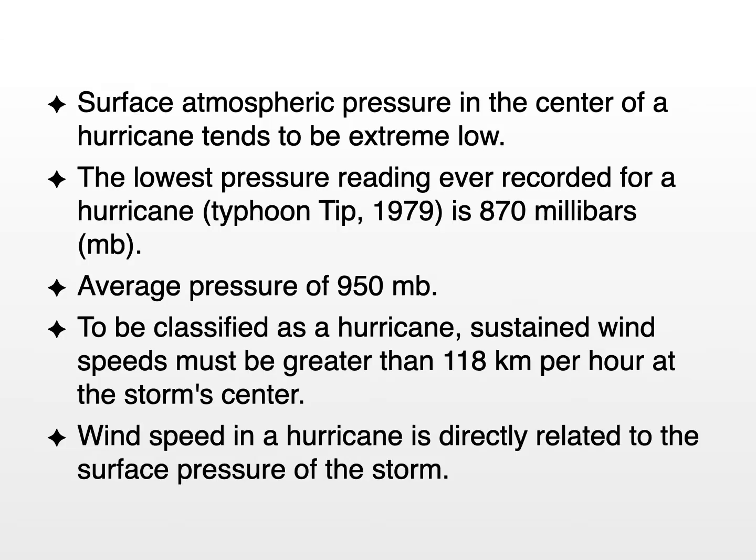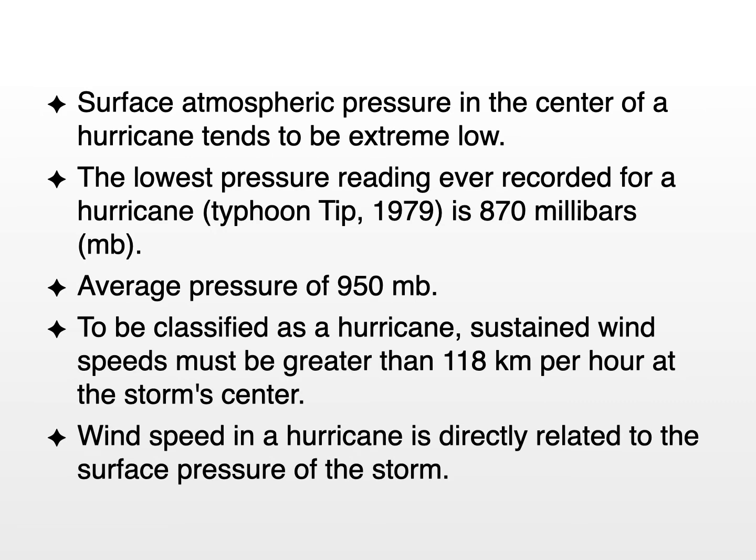The surface pressure of a hurricane can become extremely low. The lowest pressure reading ever recorded for a hurricane was Typhoon Tip. It was a Pacific storm that affected somewhere in Asia.